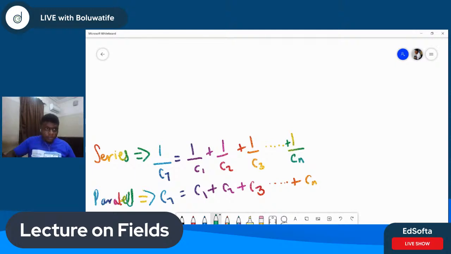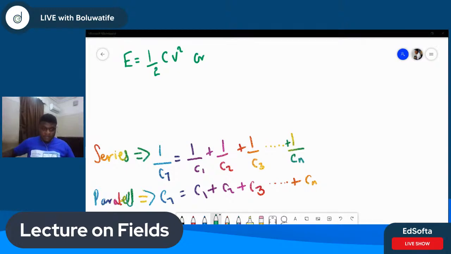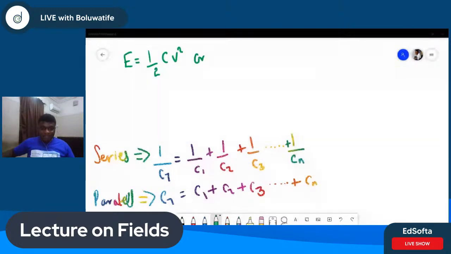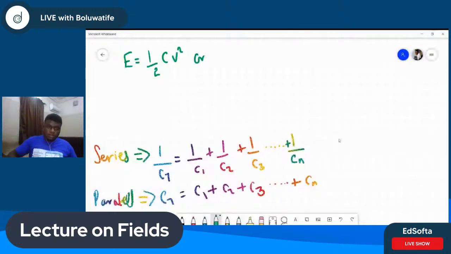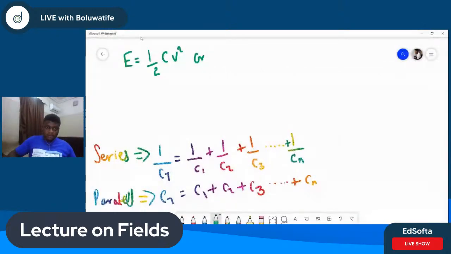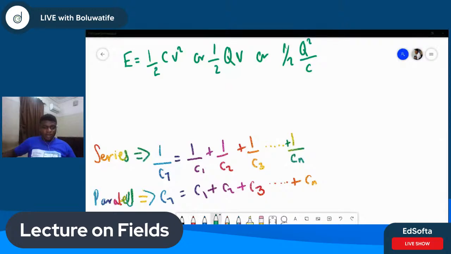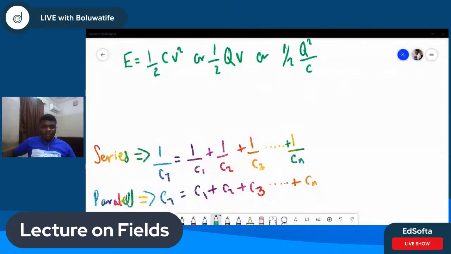Energy stored in a capacitor can be given as half CV squared, or half QV, or half Q squared over C. These are the three formulas you can have.